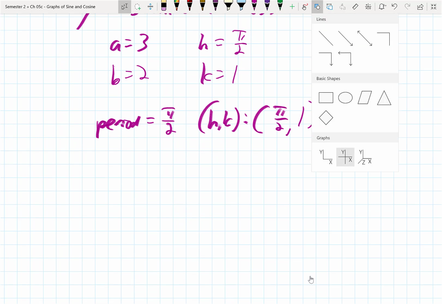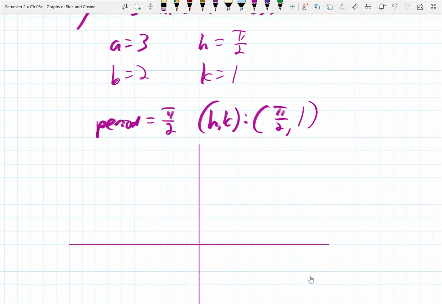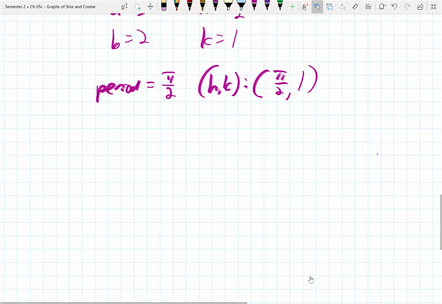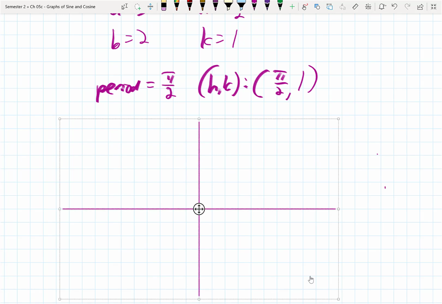So let's graph, and let's try to set a scale that's going to make sense. If the period is pi over 2, then I maybe want my boxes to be a fourth of that. We're going to make it every eighth.